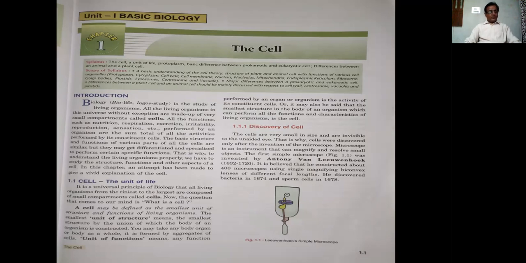Robert Hooke observed only the cell boundary, almost dead cells. He observed the many compartments of the cork, and so he gave the name cell.